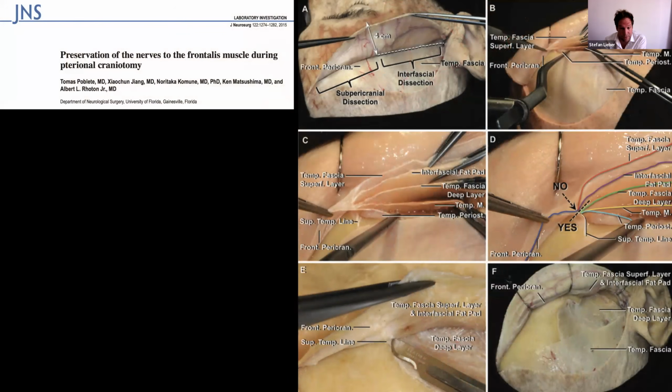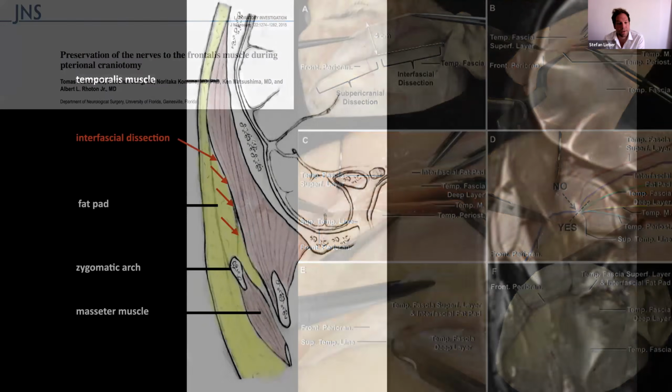This is a very nice paper, which I will not explain in detail now, which was part of this January webinar, which very nicely depicts and explains the development lateral, medial lateral to the superior temporal line, the attachment of the temporalis muscle to the pericranium, and the layers of the superficial and deep temporal fascia layers, which engulf the fat pad and the facial nerve. This is essentially relevant anatomy and functional anatomy for the interfascial dissection.